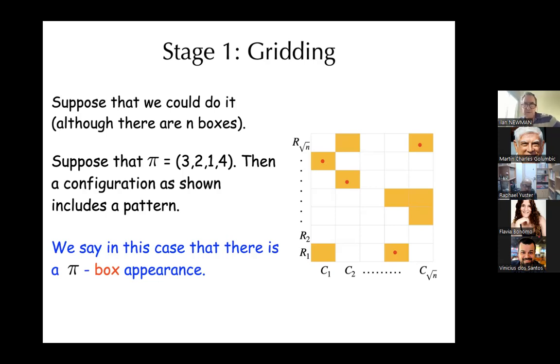And then it depends on the actual relative order among the points in the boxes and not just the location of the boxes themselves. So we will come to that later.